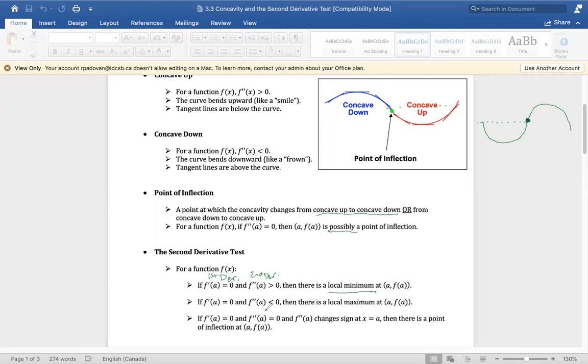Also, if my first derivative at that a value is equal to 0, and my second derivative at that a value is less than 0, then I would have a local maximum.